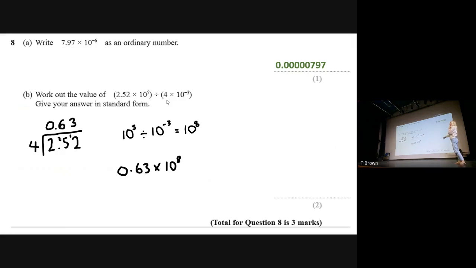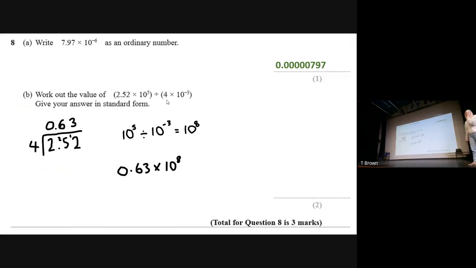Why is that not going to get me both marks? What is wrong with that? You can pick one. Roman, why is that not going to get me full marks? What's wrong with that? Why is that not in standard form? Go on, Sean.